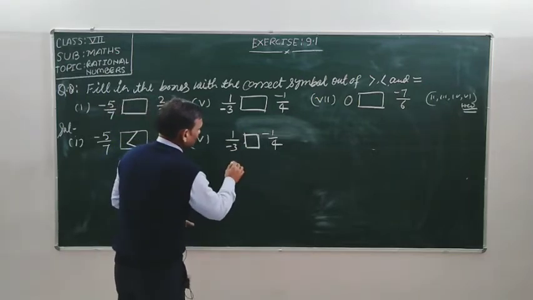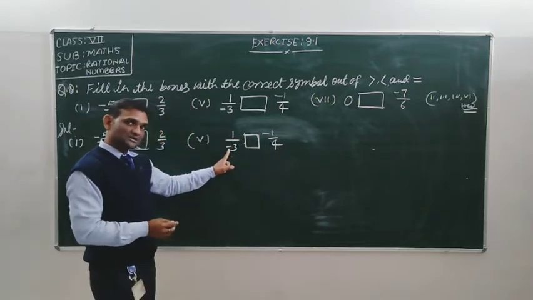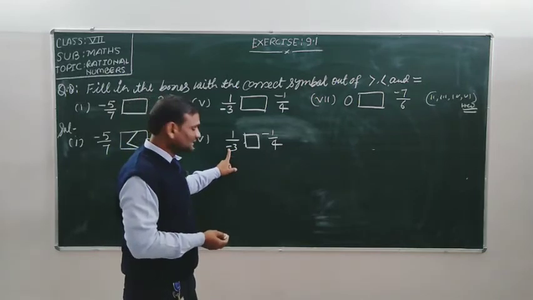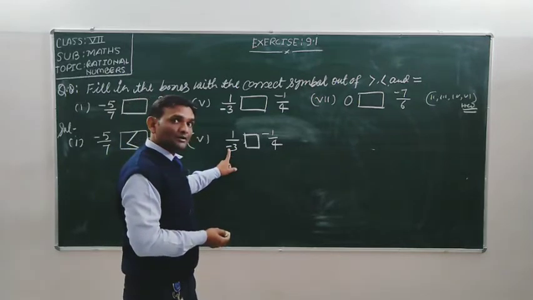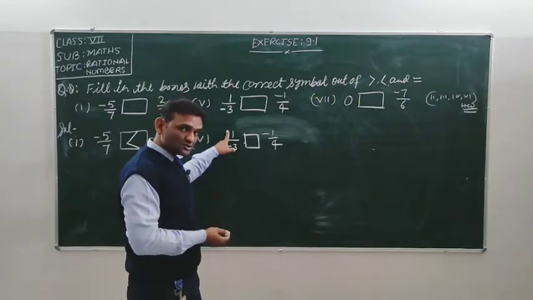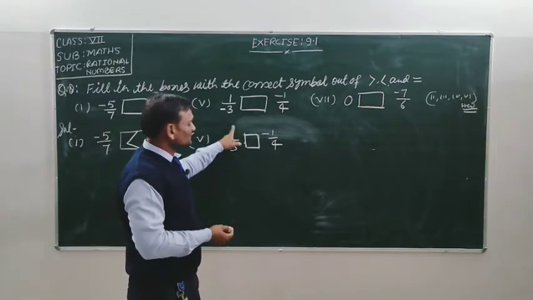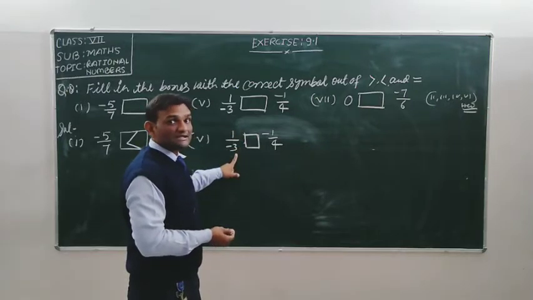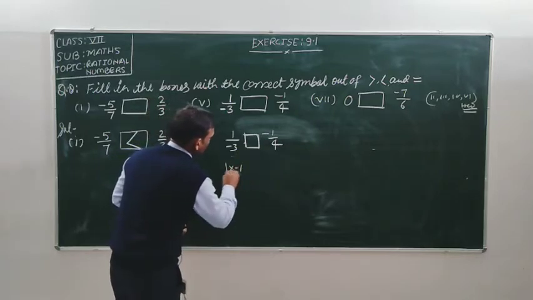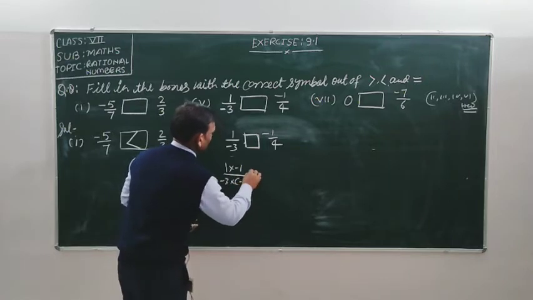So 1/-3, you need to make -3 positive, so you have to multiply by -1 in the denominator. So you will multiply by -1 in the numerator also, so that the value of the rational number is not changed. 1 into -1 upon -3 into -1.